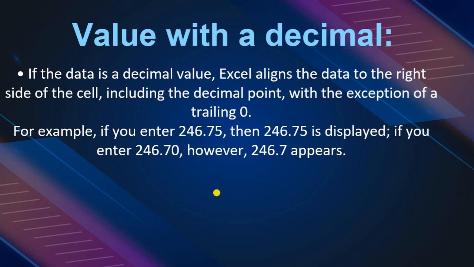For example, if you write 246.75, then 246.75 is displayed. If you enter 246.70, however, 246.7 appears. It will not show you the 0 after the 7.